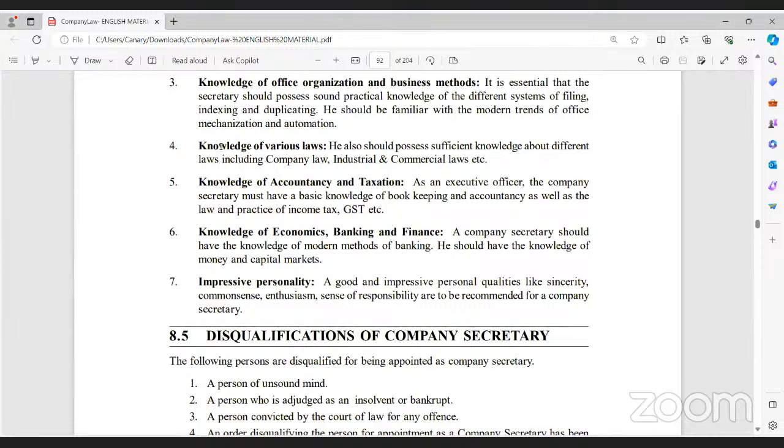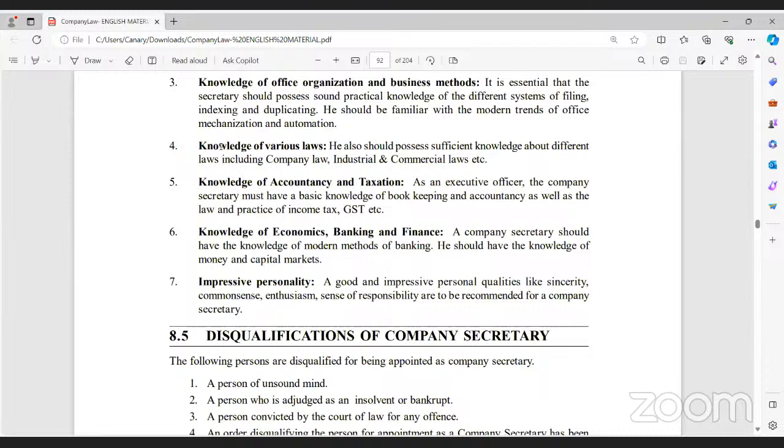Next one is knowledge of economics, banking, and finance, because being a company secretary, as I mentioned, he is the one who undertakes execution of all the policies of the firm. He should have all-rounder knowledge. Of course, all these he will learn when he is doing CS, CA, or ICMA.